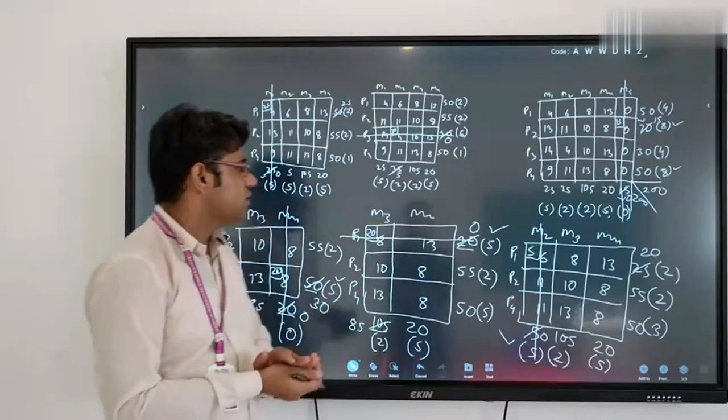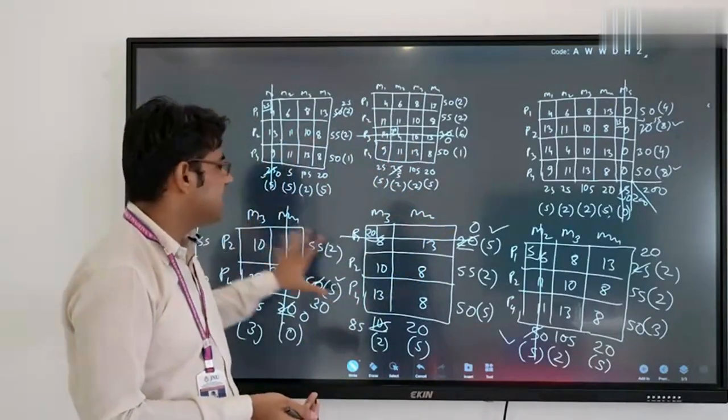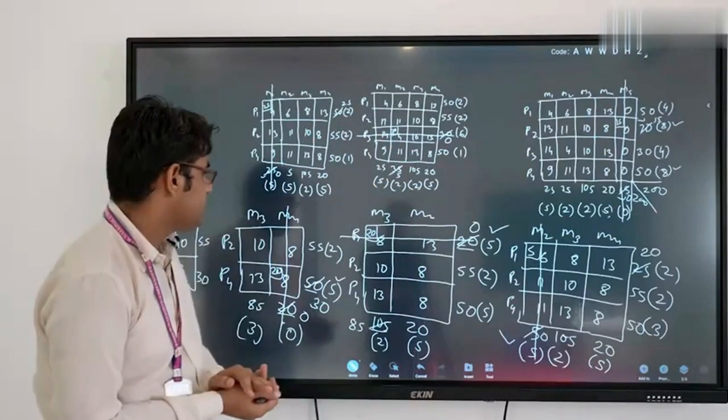Now we put these entries in the original table of the problem.